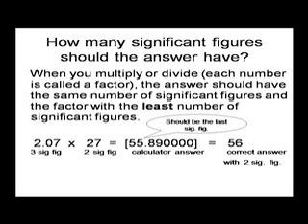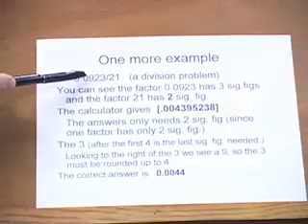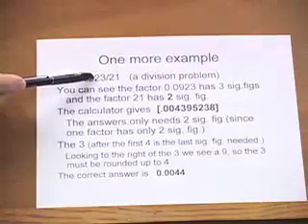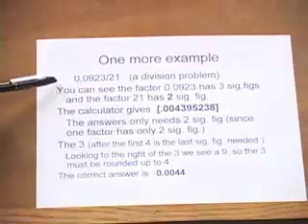Here's one more example, and we'll take a look at that quickly. This example is a division, and what we're going to do is take 0.0923 divided, that's a symbol for division, by 21. Your calculator has a different sign for division, but it's a division problem. You can see that this number has only preceding zeros, so 3 significant figures, and the divisor 21 has 2 significant figures.